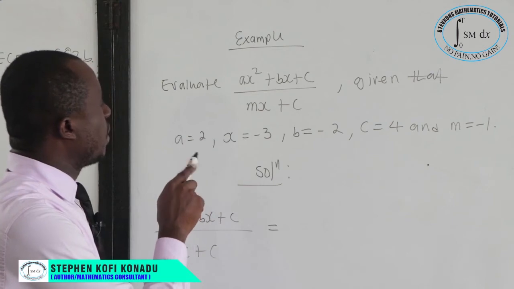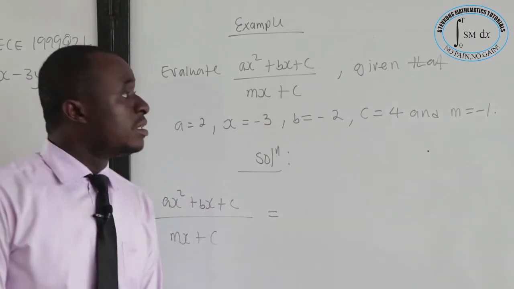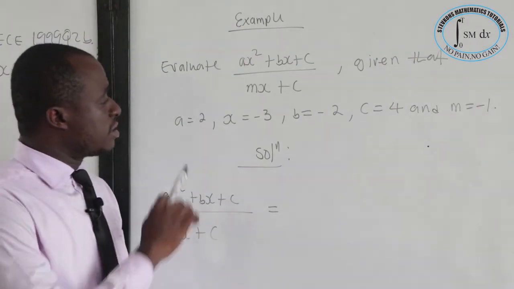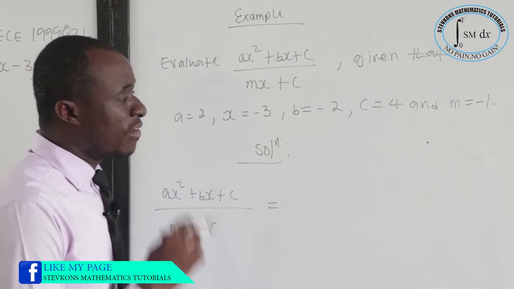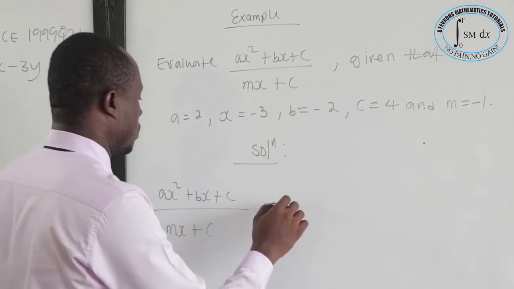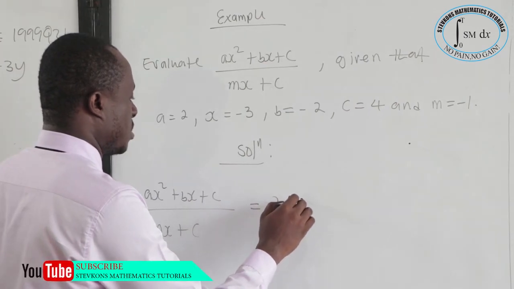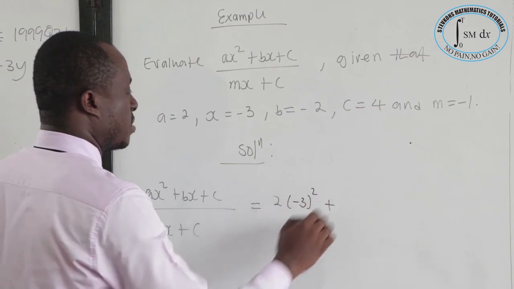Now, we want to evaluate this. That is ax squared plus bx plus c all over mx plus c. Given that a is 2, x is negative 3, b is negative 2, c is 4, and we have our m to be negative 1. So ax squared, what is our a? A is 2. Our x is negative 3. So ax squared plus bx.